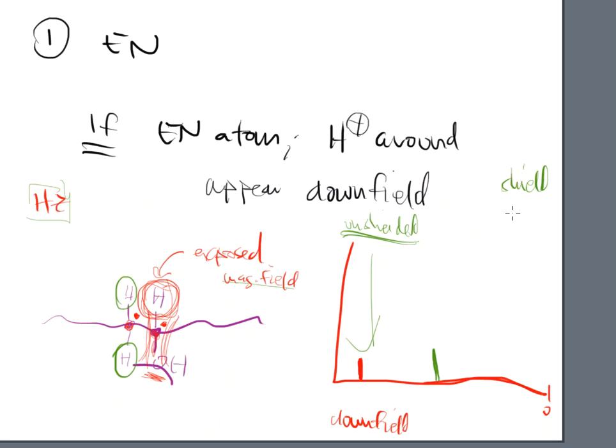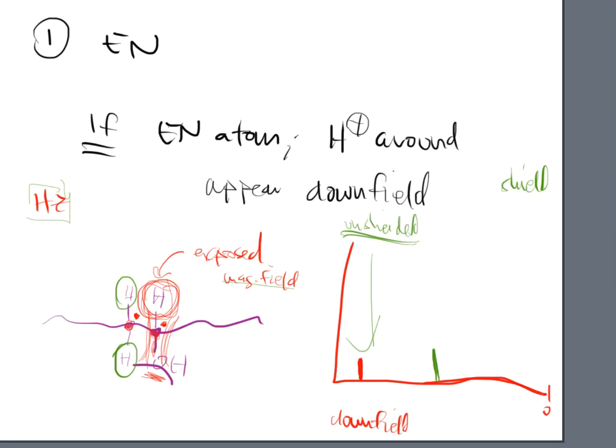These are more on the upfield side of the spectrum. Okay? So there's our number one initial key connector between electronegativity and what is on the compound. The more electronegative those atoms are, the less shielded and more exposed those protons are going to be on that particular carbon.